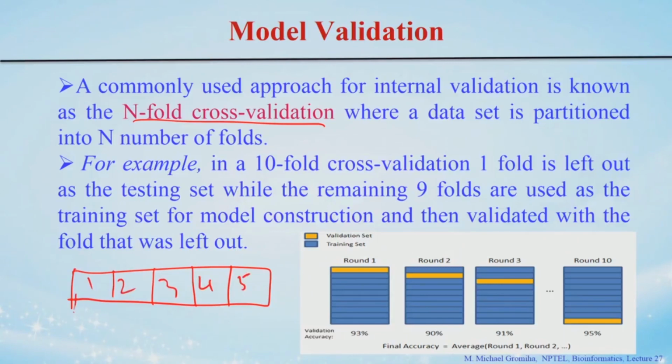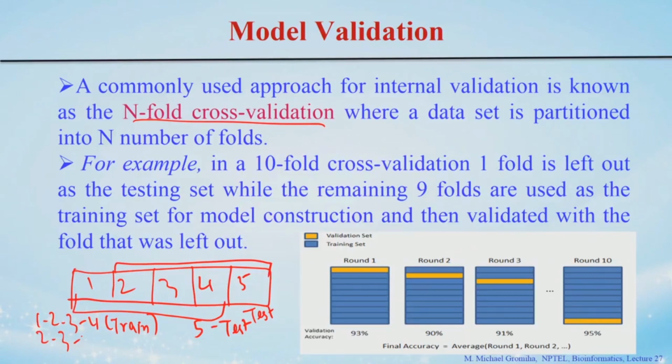So, we use these for training and this one for test. First case is 1, 2, 3, 4 for training and 5 as test. The second case you take 2, 3, 4, 5 for training and 1 as test. Likewise, how many times do you need to repeat? 5 times you need to repeat and then take the average.